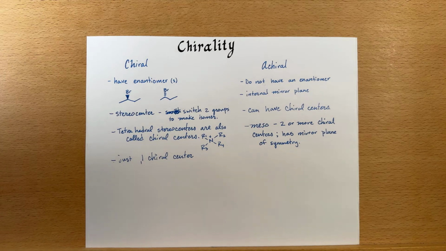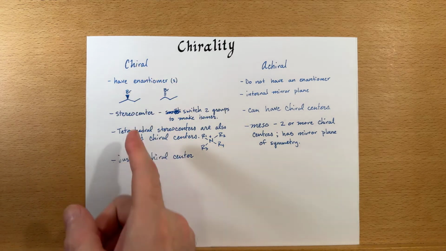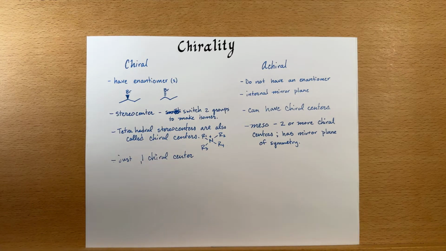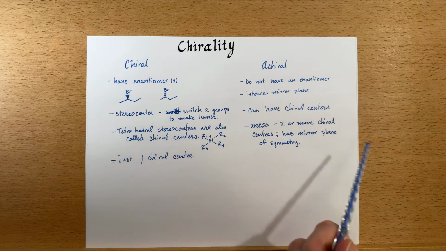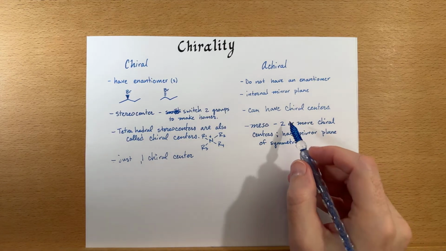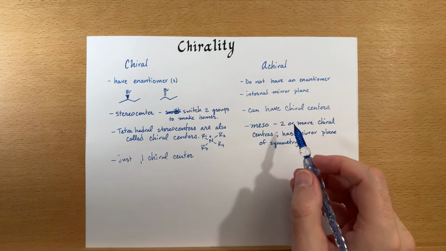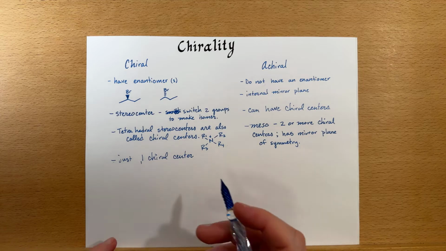Now, you may think, well, if I have a chiral molecule, I have to have a chiral center. Well, as you've seen over here, we can have molecules that do have chiral centers, but are achiral overall. So you may guess that it's possible to have a chiral molecule that does not have a chiral center.